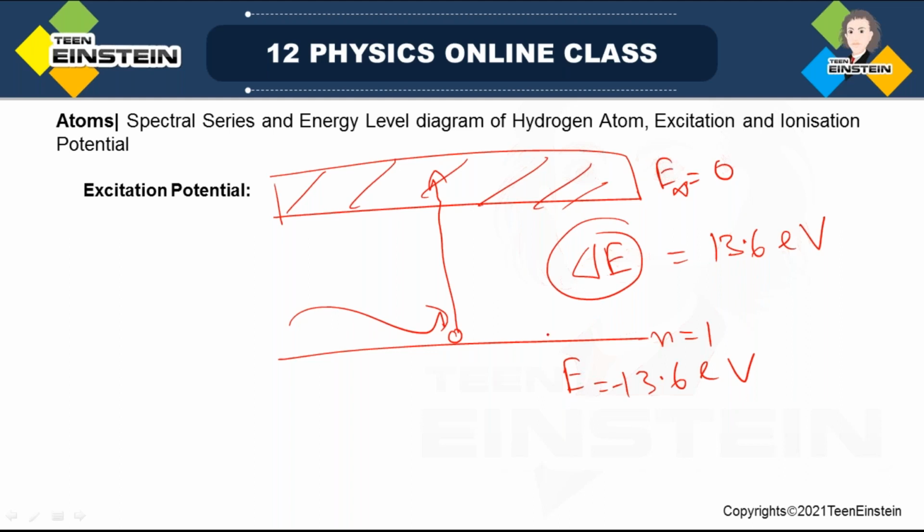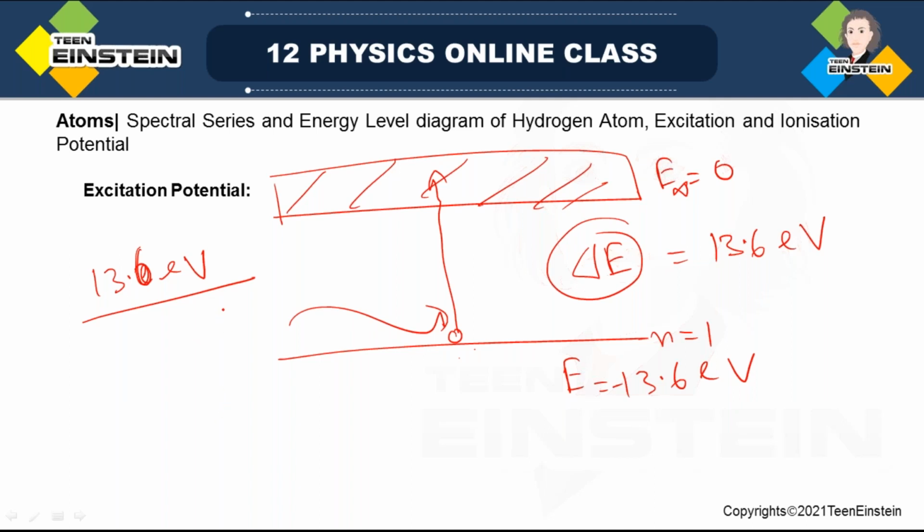So in this case, when we have an electron in the ground state and we are ionizing the atom from its ground state, how much energy do you have to provide? That is 13.6 electron volt, okay. How do you do that?